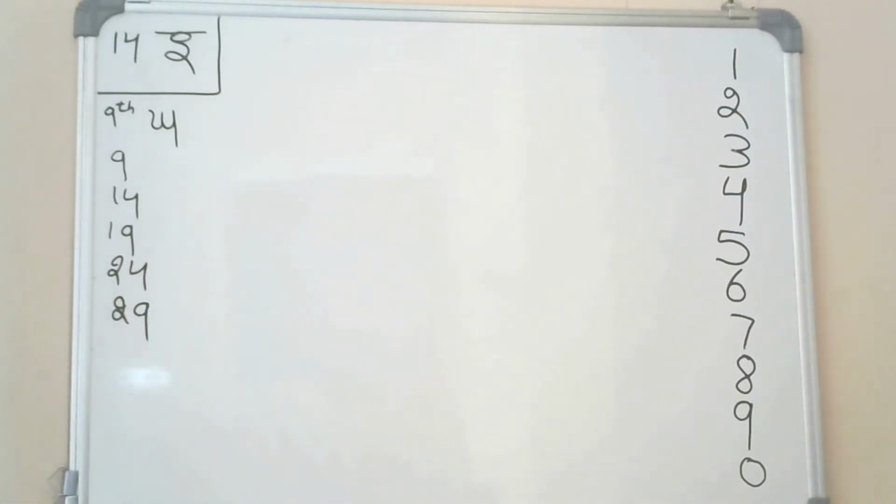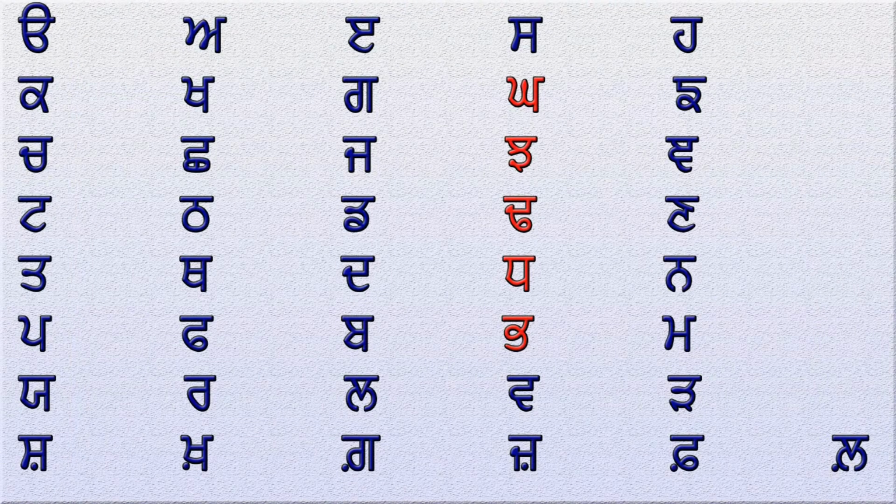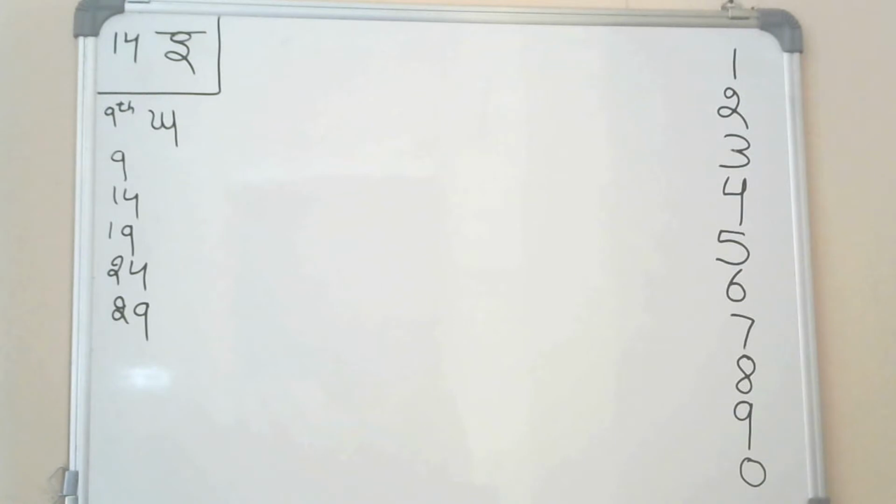You can just check all these letters are in different lines but in the same columns. So all these letters will be unique when we will be talking about pronunciation, sounds of the letters. Just remember this thing.